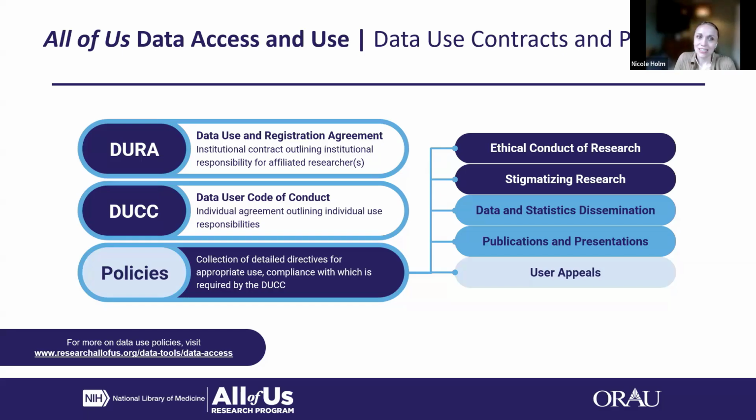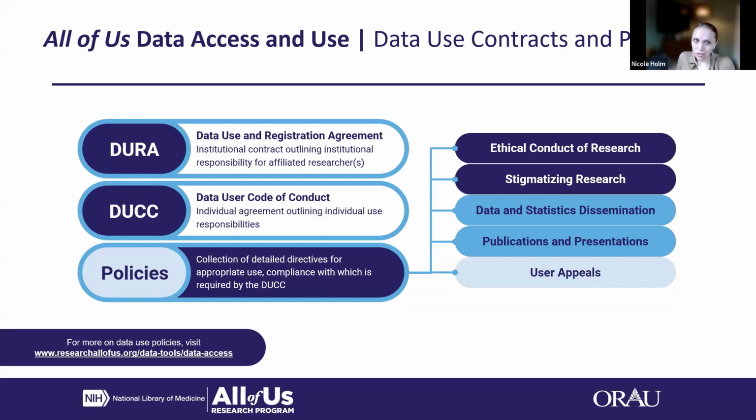And this DUC details how data may and may not be used by registered users, outlines a variety of clauses that require compliance with all of our policies, and includes the note that we may add additional policies as needed. Currently, our policies include the ethical conduct of research policy, stigmatizing research policy, data and statistics dissemination policy, publication and presentation policy, and we have a process for user appeals if needed.